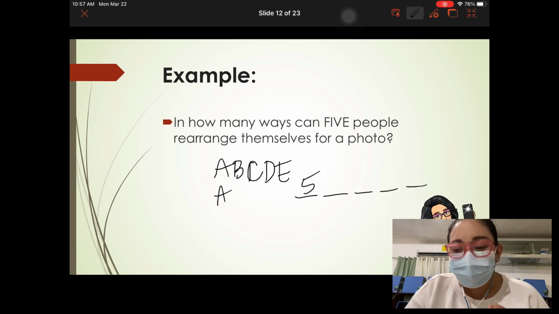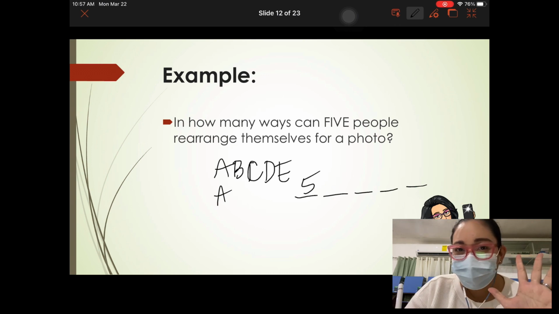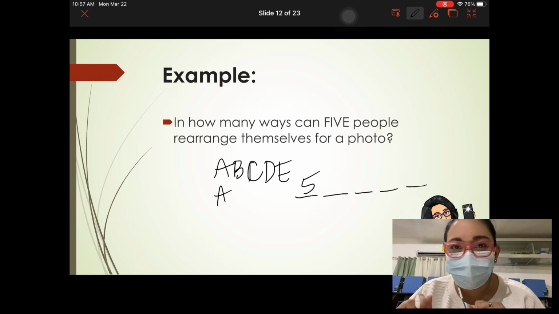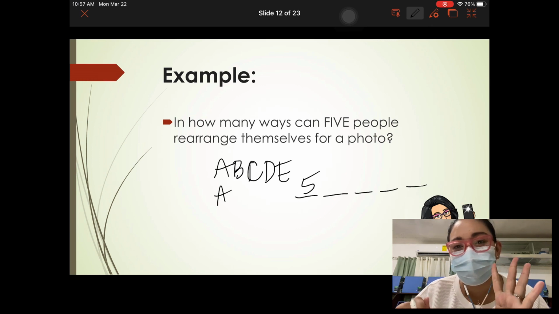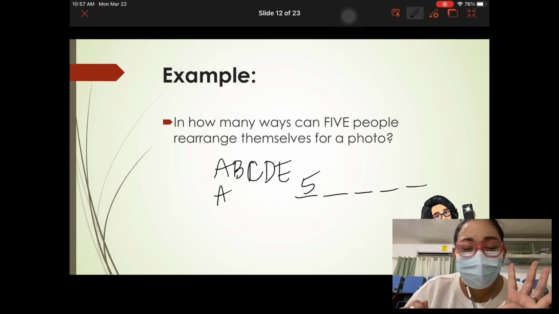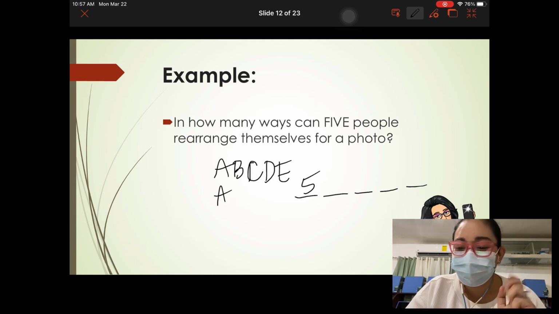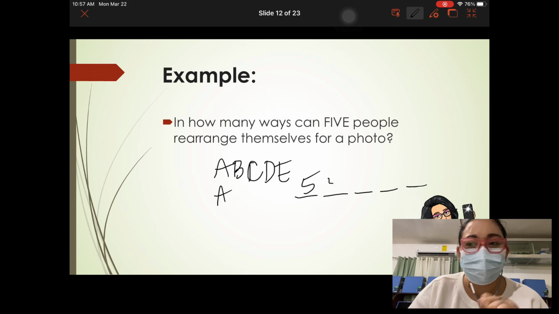Tapos, pagdating sa second slot, 5 pa rin ba yung choices mo? Diba hindi na? Kasi, dun sa first slot, may nakaupo na, or may nandun na. So, mababawasan ngayon yung choice mo. Halimbawa, si A mo nandyan, o di ilan na lang yung choices mo? Si B, si C, si D, saka si E. Okay? Nagigets ba? Nabawasan yung choice mo kasi may nakaupo na. Okay? So, may 4 choices ka na lang.